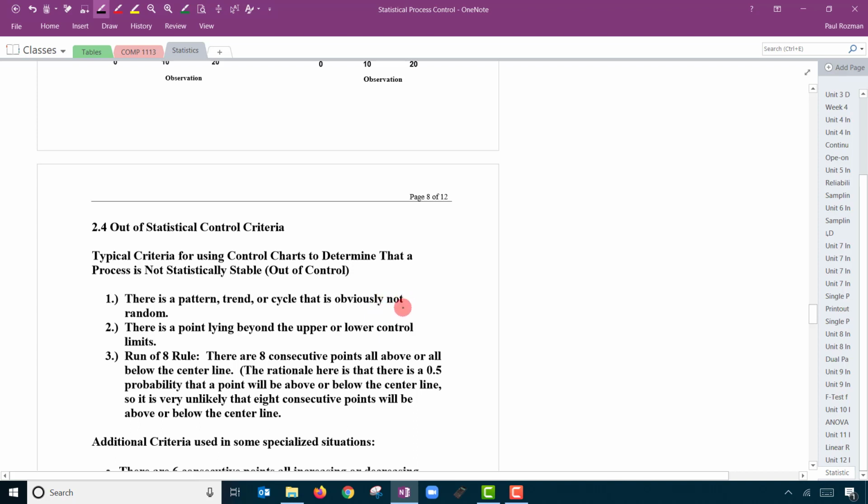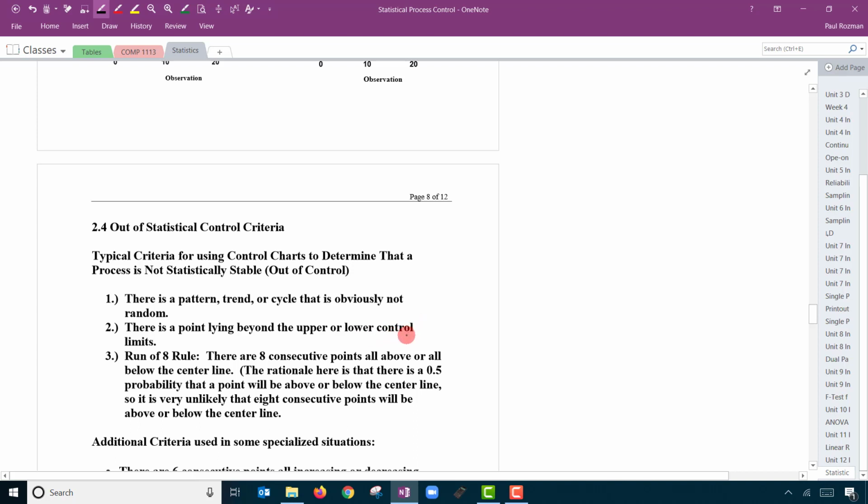So that's the big one. Is there a point outside of the control limits? Even 1 point outside of the control limits can be a problem. Those control limits are fairly conservatively set. So if you cross them, maybe it's time for investigation.